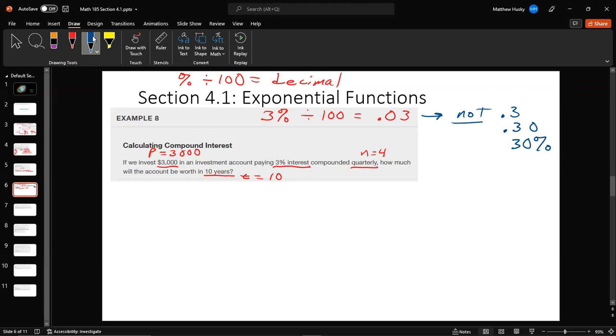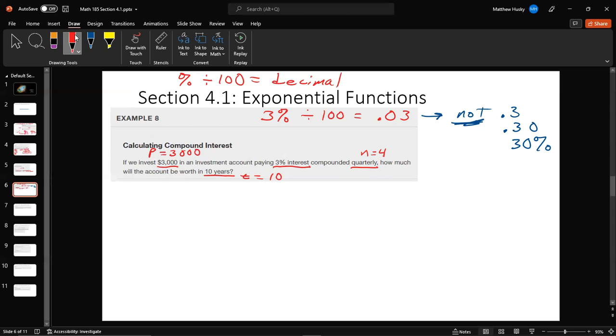So it is not 0.3. If you are trying to figure it out in your head, just know 0.3 is 30%, not 3%. Again, if you just divide it by 100, the calculator will figure it out, and don't worry about it.